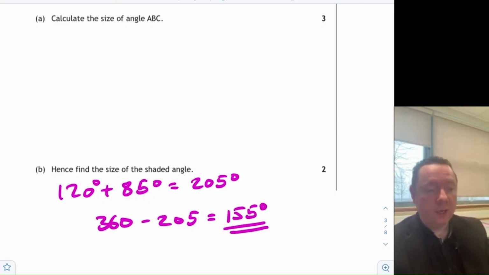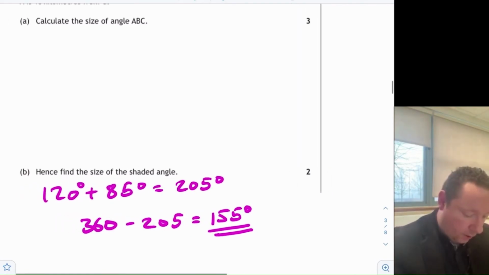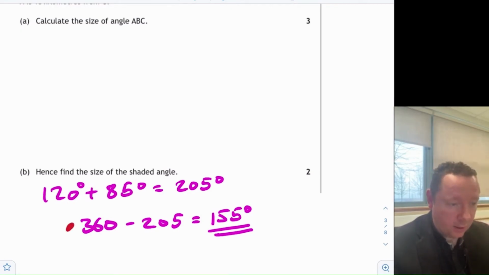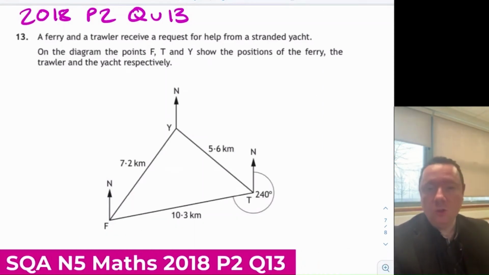Obviously, if you kept your answer as 84.8 for part A, then you would write 155.2 instead. 1 mark for working out what you need to take away from 360, and the final mark for calculating it, of course.